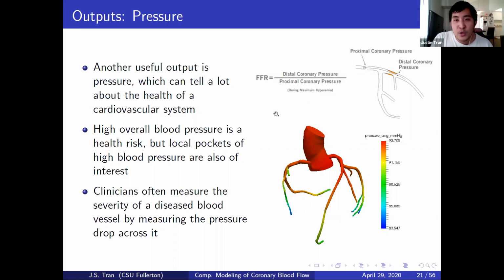What I'm showing you at the top right here is something they use a lot in the clinic. What they're measuring here is called FFR, which stands for fractional flow reserve. They use it to measure the severity of disease. Especially in older people, there are constrictions in the blood vessels.